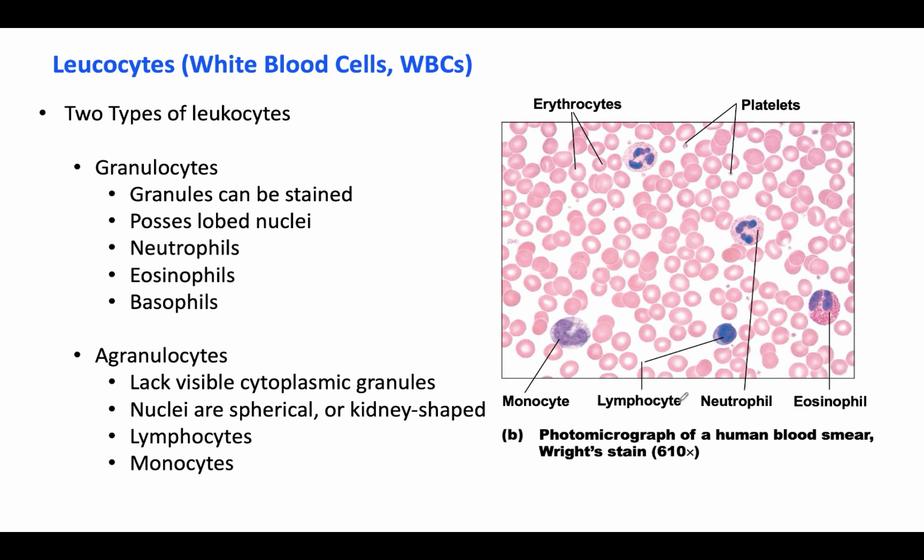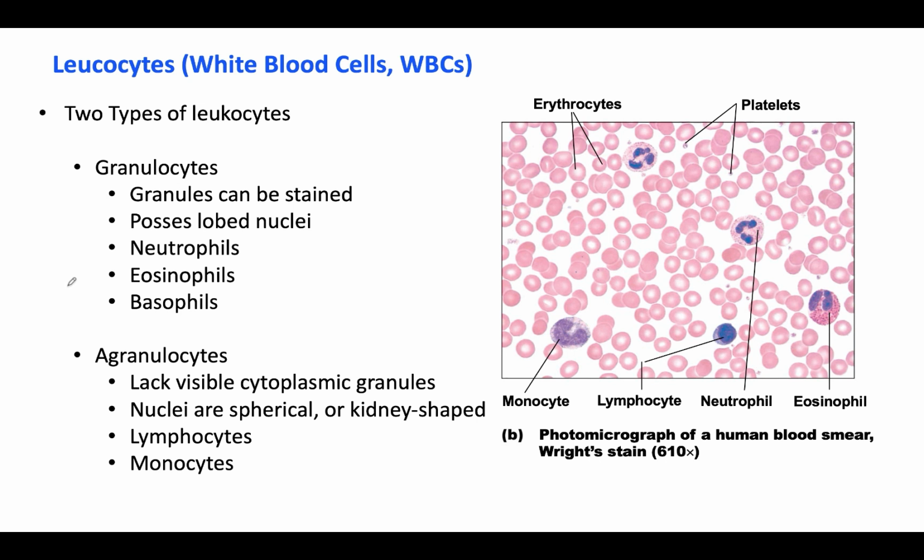Leukocytes are further categorized into two types. One is granulocyte, the other one is agranulocyte. Both granulocyte and agranulocyte have a nucleus. So, as I said before, white blood cells are true cells.